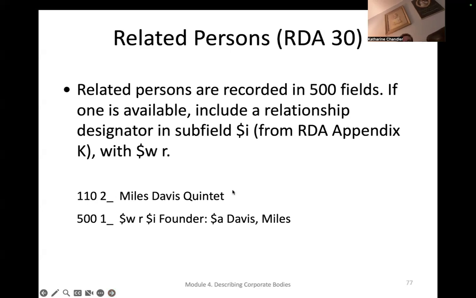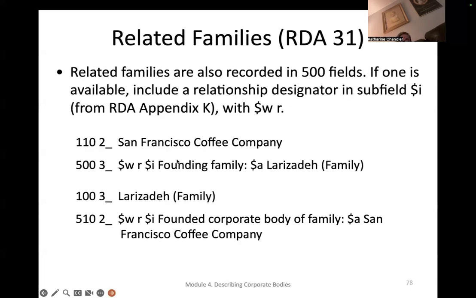Related persons, RDA 30. Related persons are recorded in 500 fields. If one is available, include a relationship designator in subfield I from RDA Appendix K with subfield WR. Related families. Related families are also recorded in 500 fields.